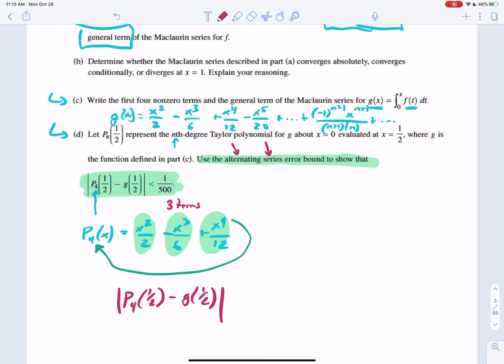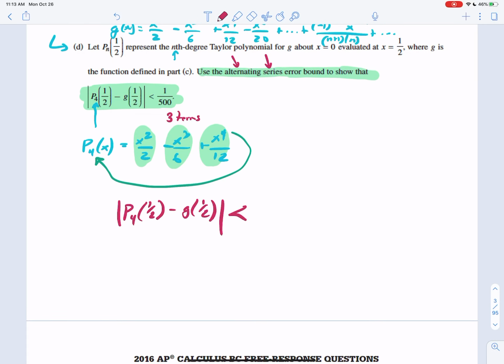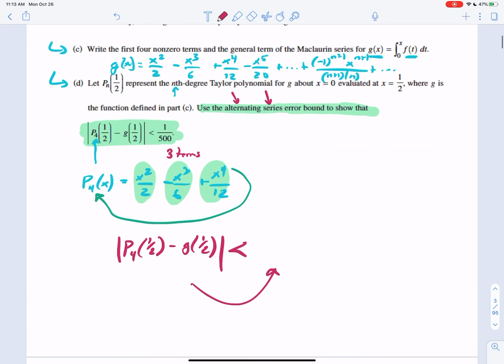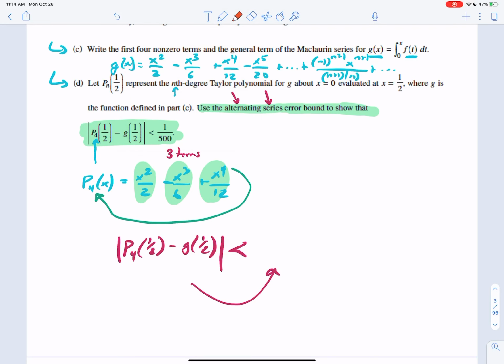That you just bring down. It doesn't matter what that is. What matters is what goes after here. Remember, your error is going to be based off of the next term, okay? So since we use the first 3 terms, okay, the error is going to be based off of the next term, which is this one right here.